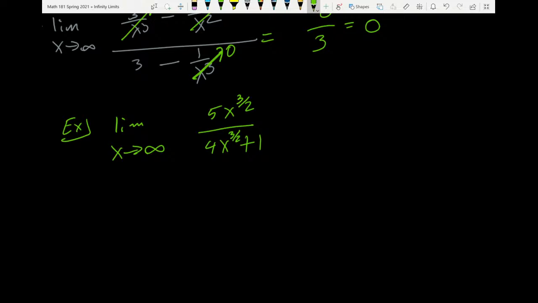Okay, so let's look at it. What's the highest degree in the denominator? X to the 3 halves. I'm going to divide everything by x to the 3 halves.